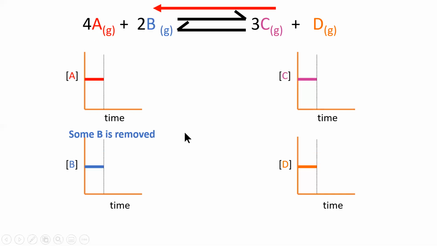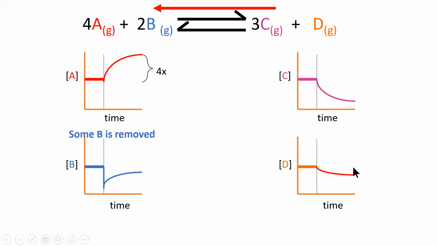But remember, some B was removed. So we're going to show the quantity of B decreasing. But as the system responds to this stressor, it will increase twice as much as the quantity of D that goes down. So that's our reference, the one that's 1 mole. A will go up 4 times as much as D goes down.